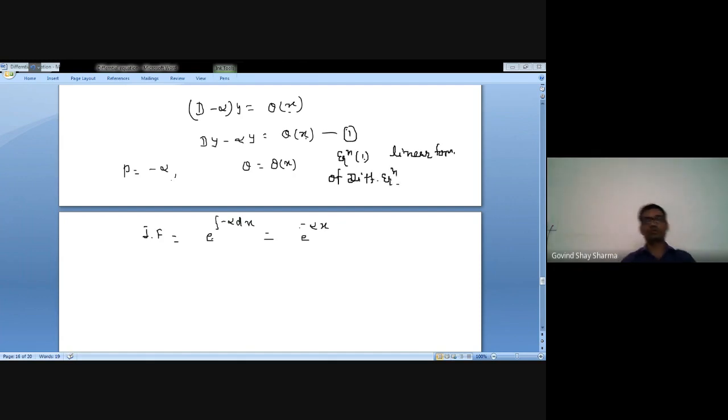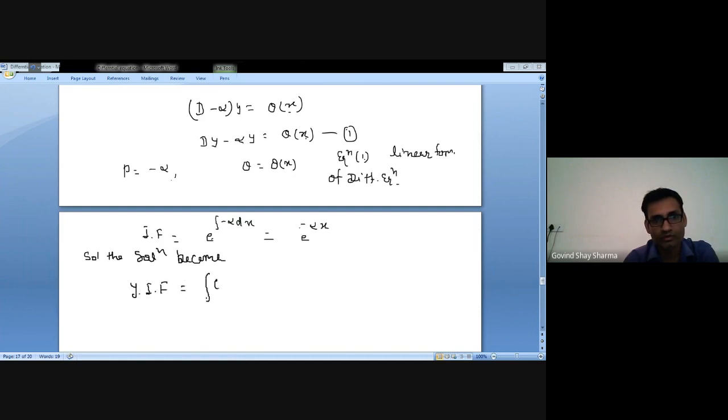We know that in a linear differential equation we find the integrating factor, then we write the solution as y multiplied by IF.